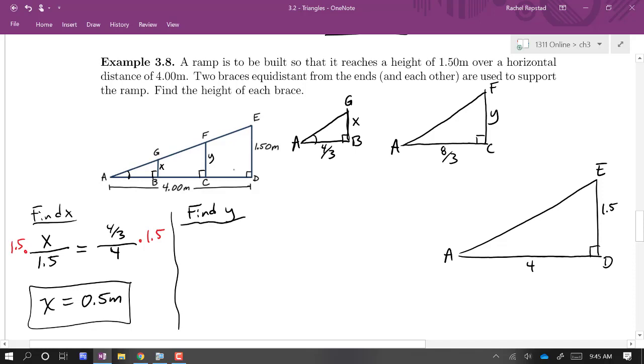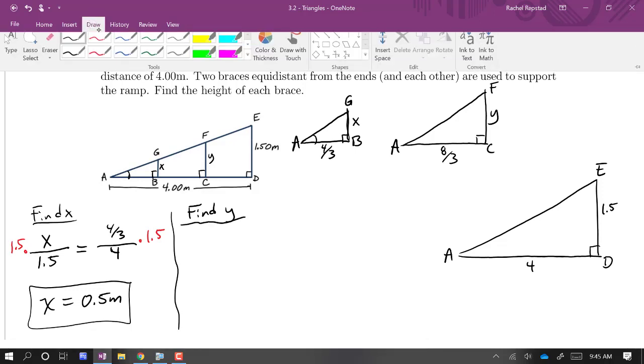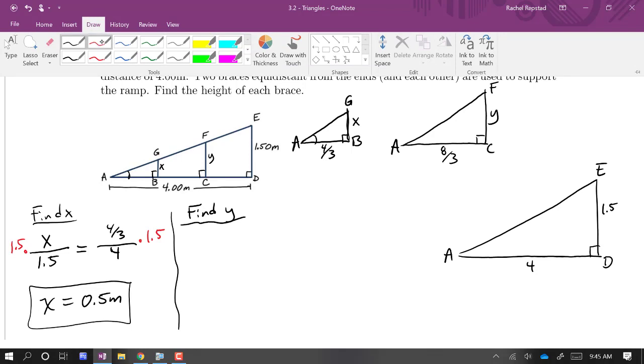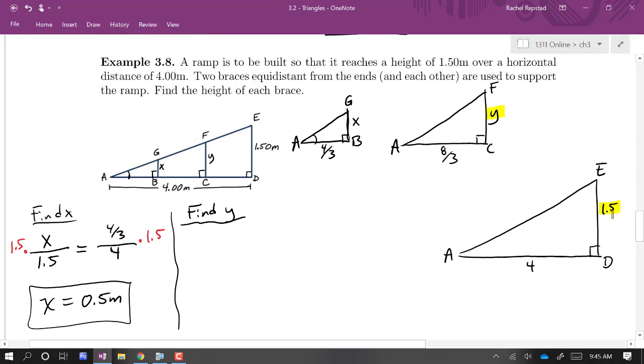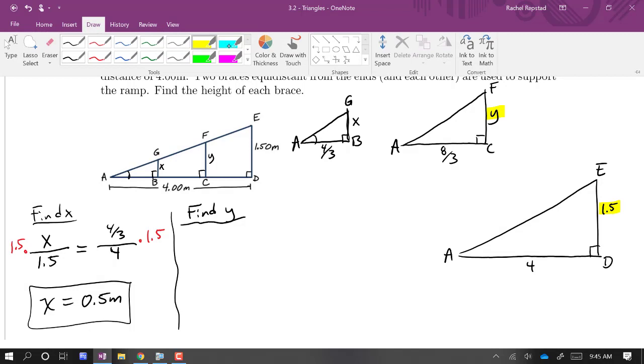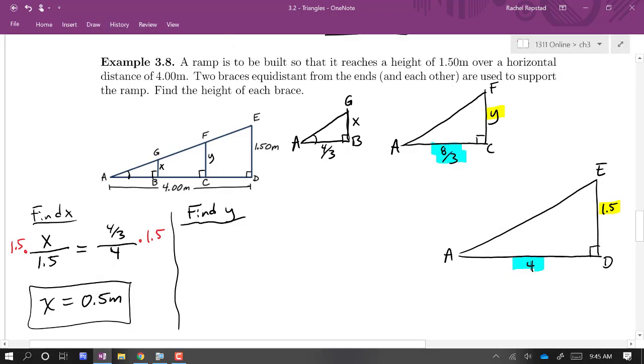And to find y, we'll just do the same thing, only we're going to use the same pair of known sides, right? Side y corresponds with that side. The 8/3 corresponds to the side length 4. So y over 1.5 is equal to 8/3 over 4.